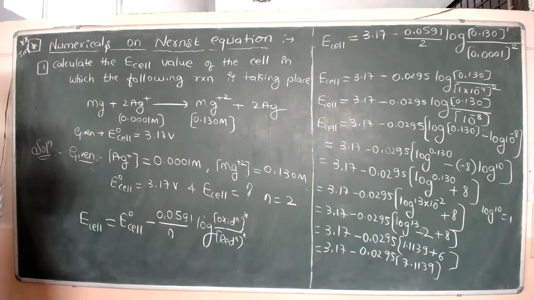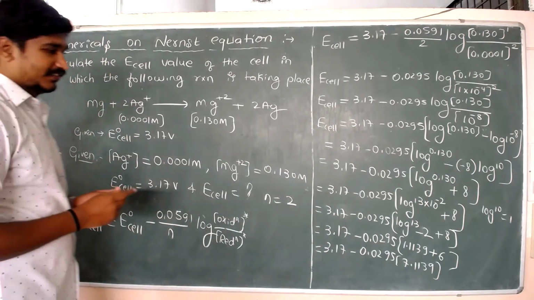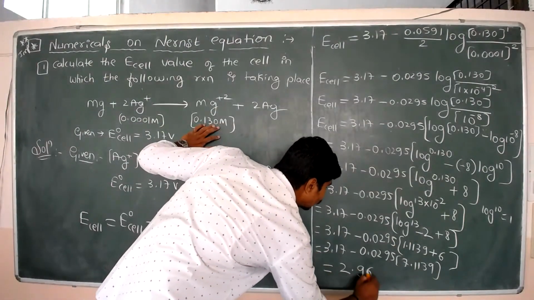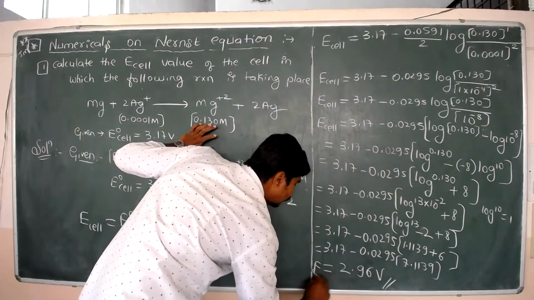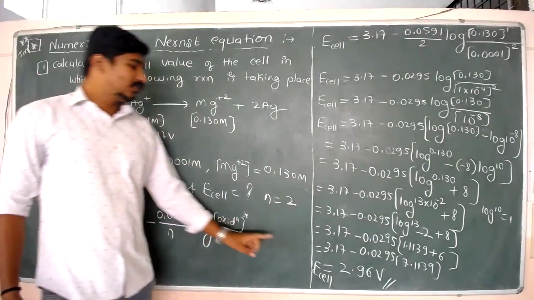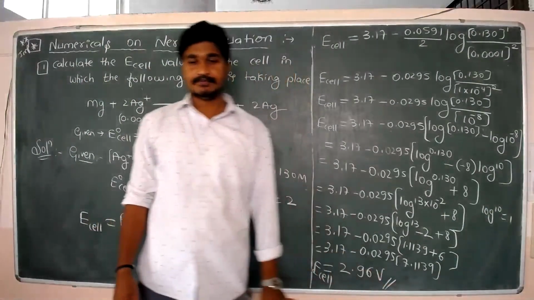The answer for this one is, you will get 2.96. It will be 2.96 volt, the E cell value for this chemical reaction. It is 2.96.